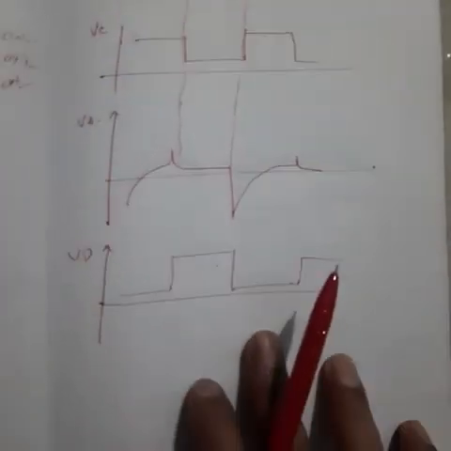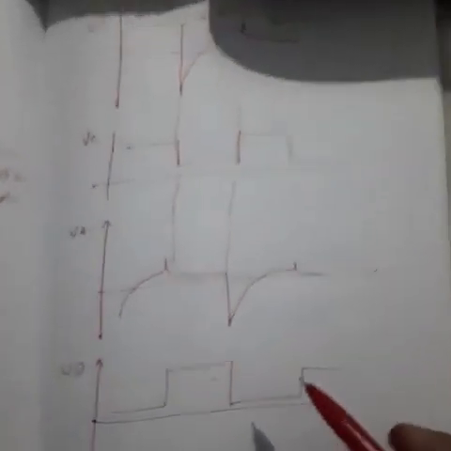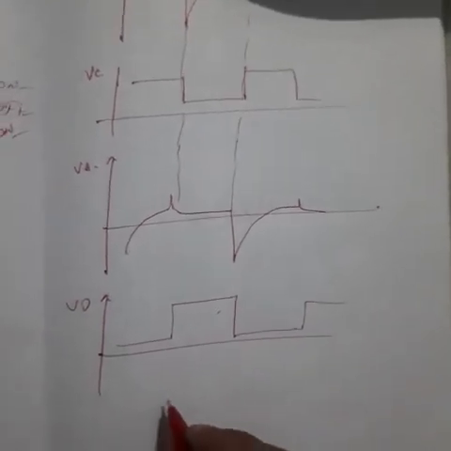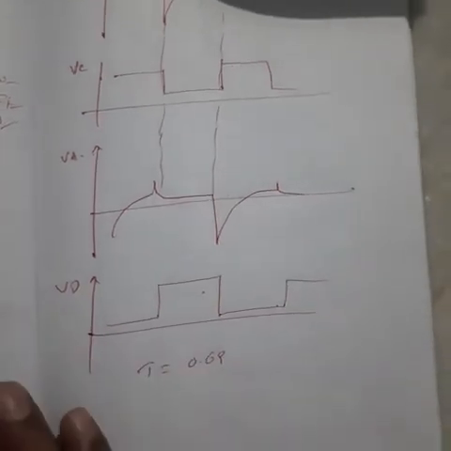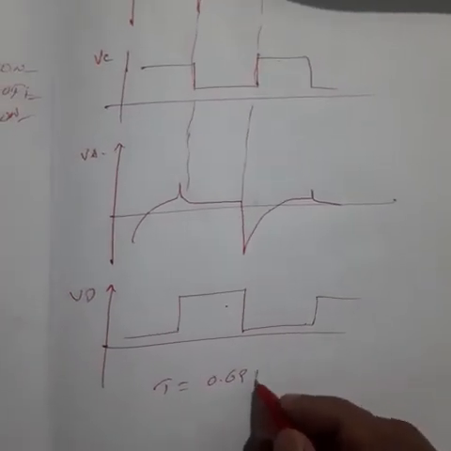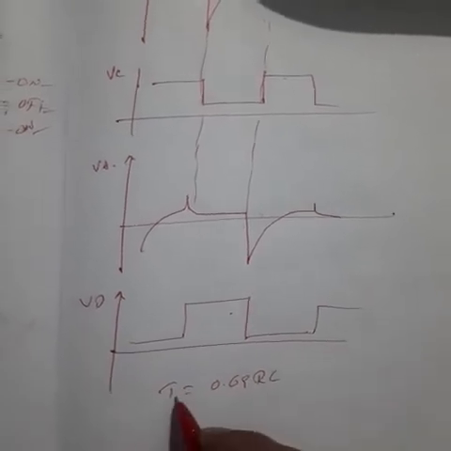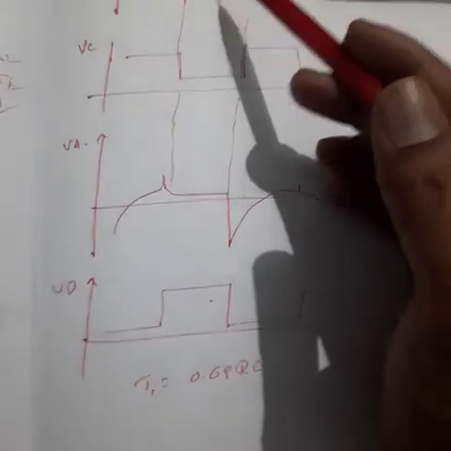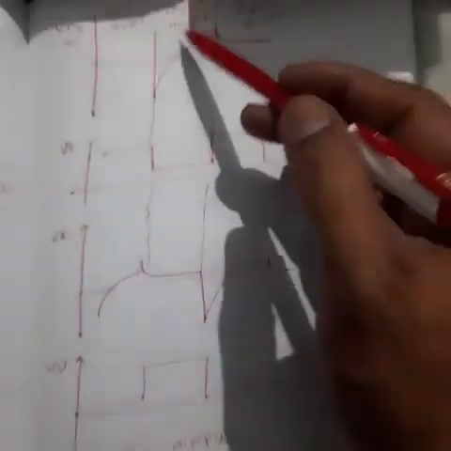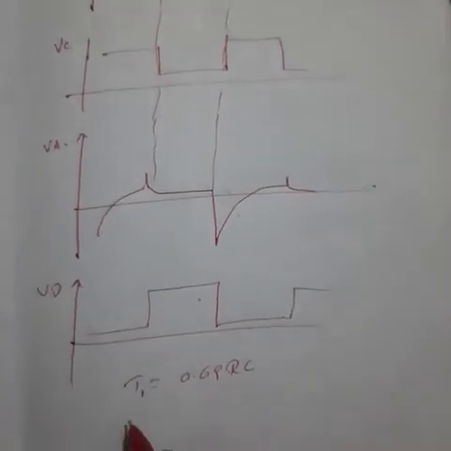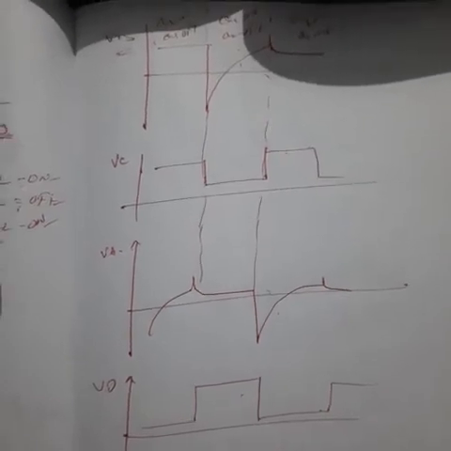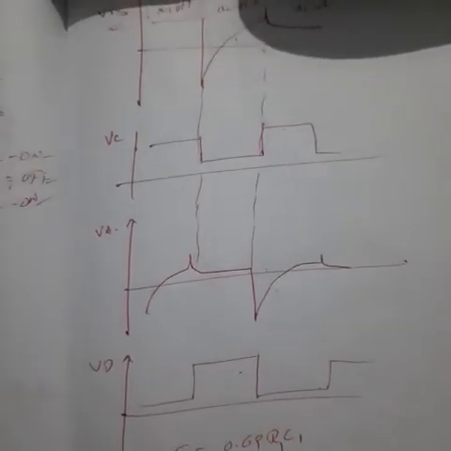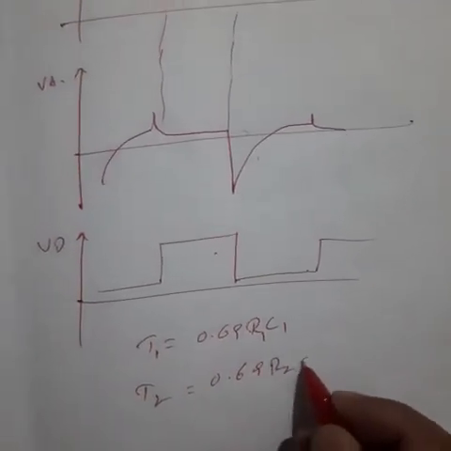For these waveforms, we have to calculate the time width or pulse width. We already calculated this in the monostable multivibrator, same process, so no need to calculate again: 0.69 RC. But here we have two quasi-stable states, two exponential signals. For one exponential, T1 equals 0.69 R1 C1. Similarly, for the second exponential, T2 equals 0.69 R2 C2.